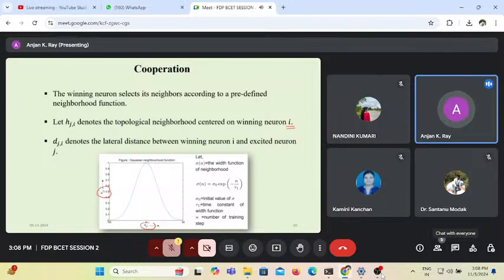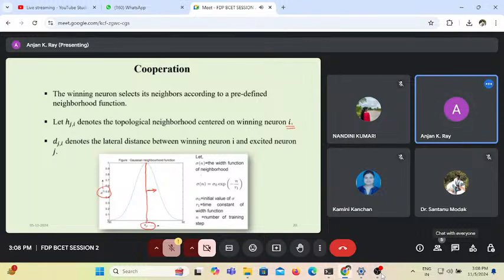If I plot this, when the distance is 0, meaning the winner itself, the h value is the maximum, which is 1. Once I move from the winner neuron to other neurons, as the distance increases, the value of the neighborhood function decreases.